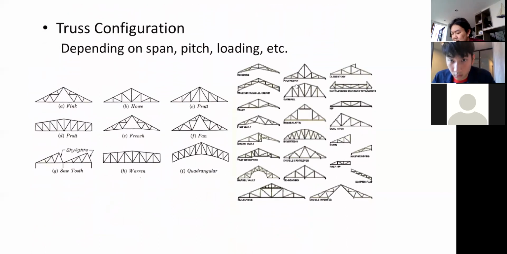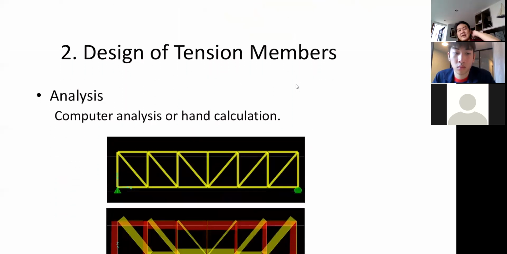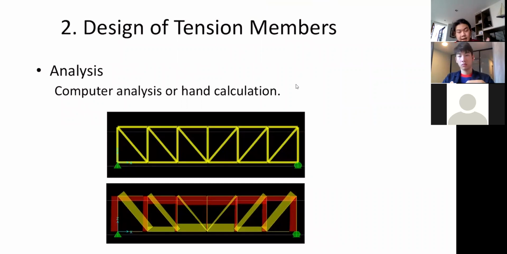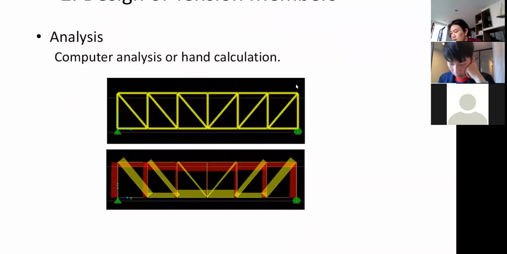Now, the most interesting thing about the truss is this. I don't know if you have picked up from other classes, that the configuration may dictate the type of force that you are going to have. So this is one configuration. Now we all know that the truss is a form of a beam, right? So this is basically a simple beam, and you have positive bending moment, meaning that your top chord is under compression, and then your bottom chord is in tension.